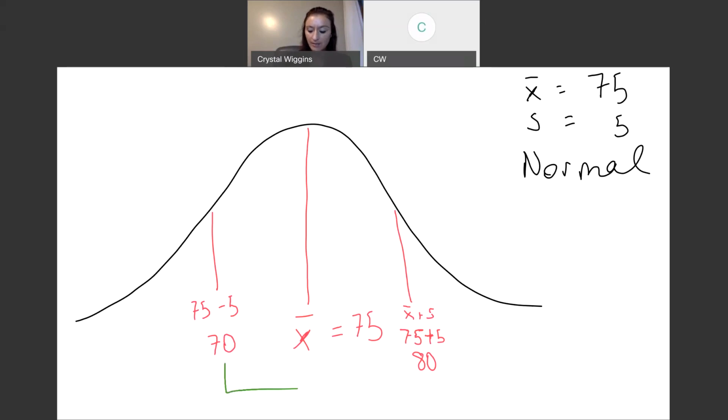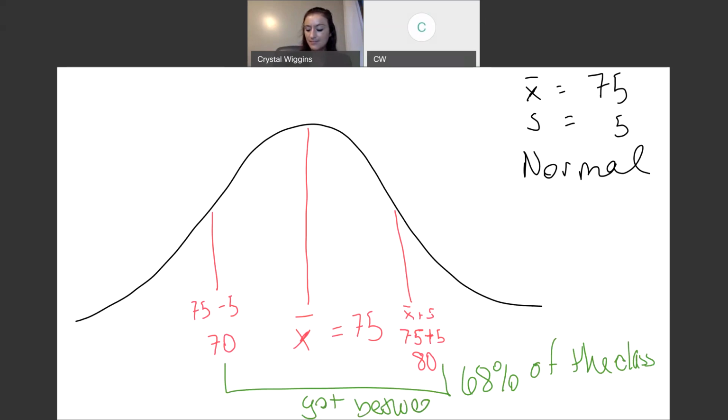So I now know that 68% of the class got between 70 and an 80 on the exam. 68% of the grades were between a 70 and an 80. That says a lot. Over half the class between a 70 and an 80.